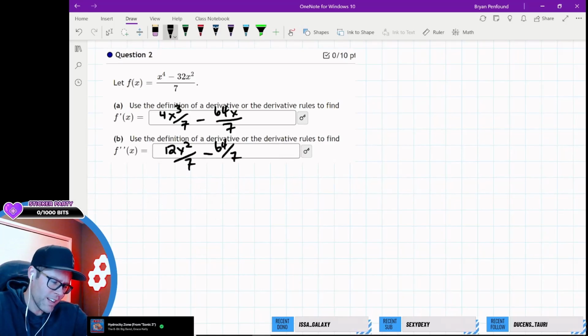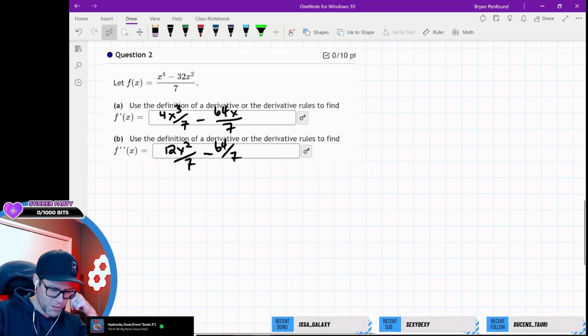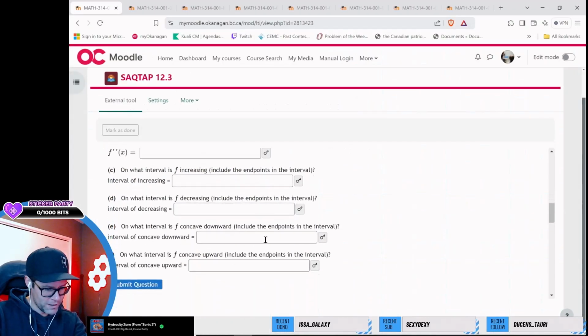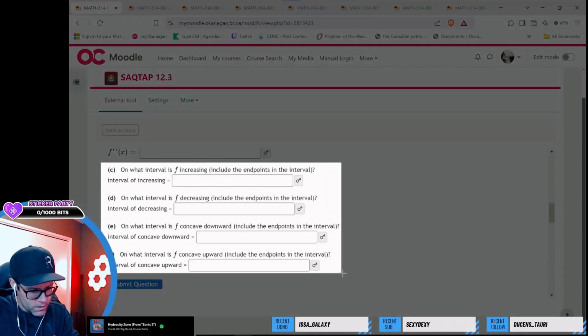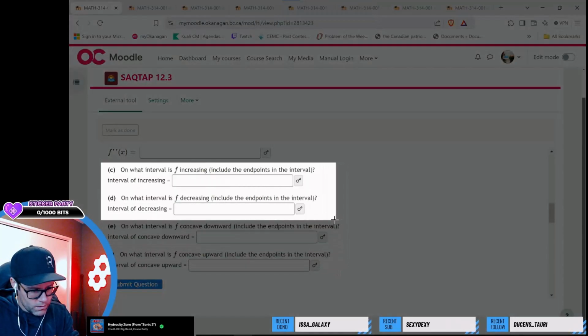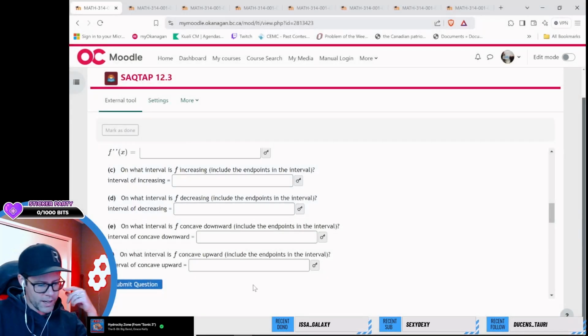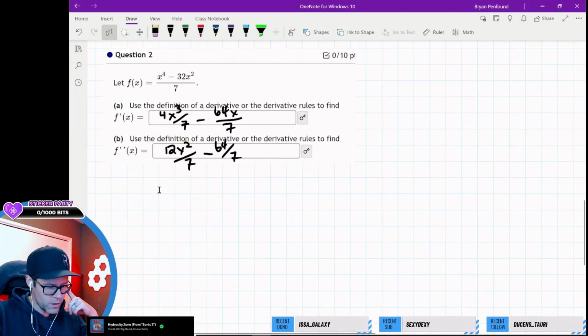Now the weird part here is probably going to be trying to find our intervals. I feel like doing the intervals with the 7 is going to be a little bit awkward. So maybe let's start by trying to get a rough idea of what this picture looks like using the first derivative.